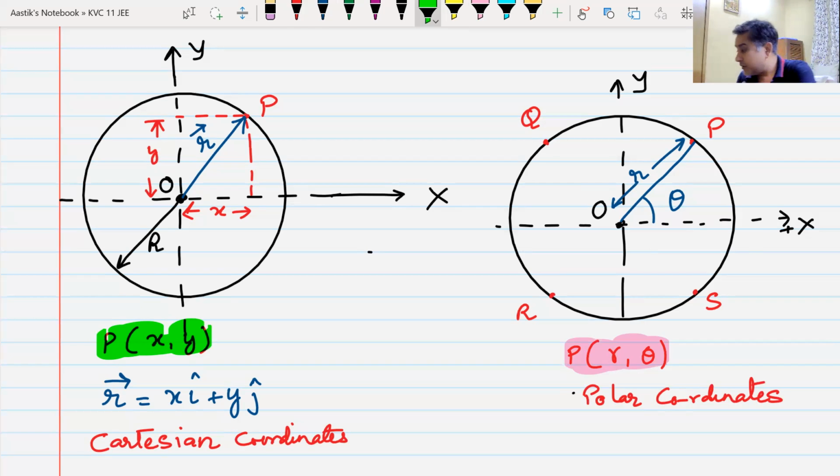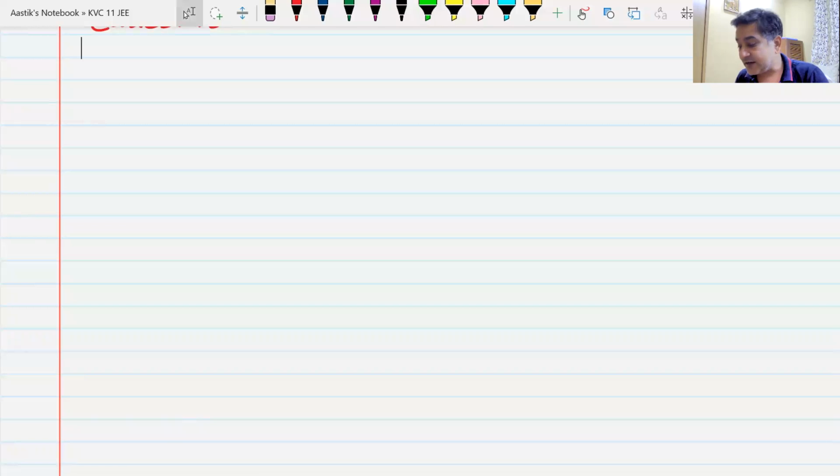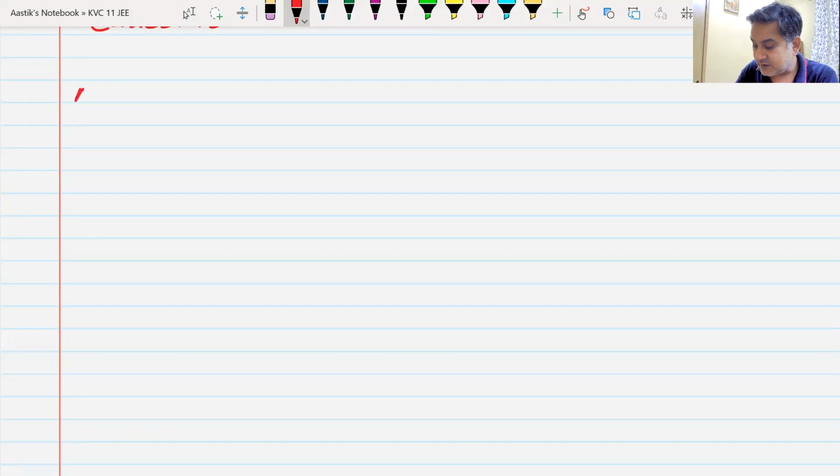The entire thing depends on this angle theta, and therefore, since it is an angle, this angle theta is known as the angular position of the particle. That is the first heading, the first definition that we have to understand: the angular position of the particle.